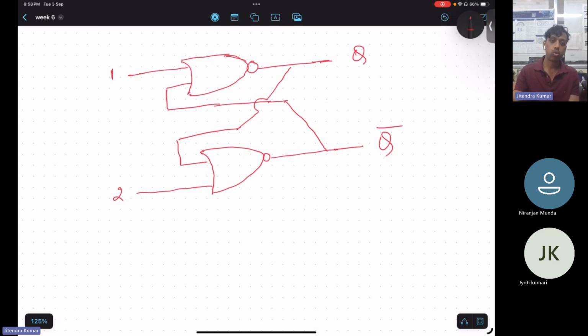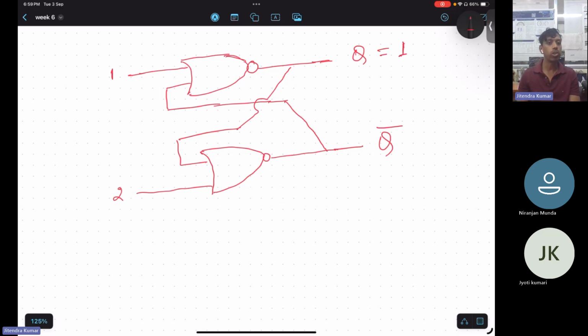Now we have to find out which terminal is the reset input and which terminal is the set input. In which case are you going to get output equal to 1? You want to achieve Q equal to 1.